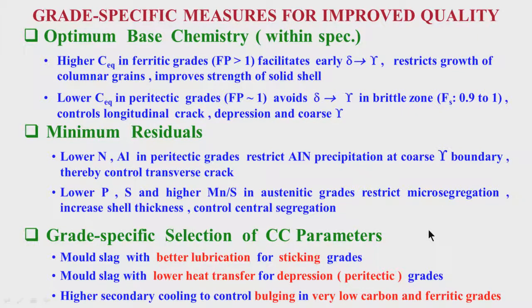First, we understand from the chemistry how the solidification is taking place. That is the first requirement. If we know how the solidification is taking place, then we can know whether it is either a ferritic or an austenitic type of solidification, that means the two extremes in the chemistry range, then we know that these are sticking type of grades, these are bulging type of grades.